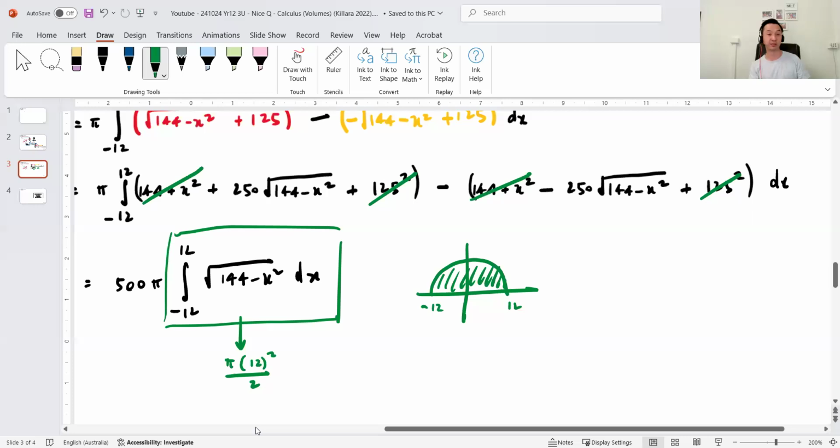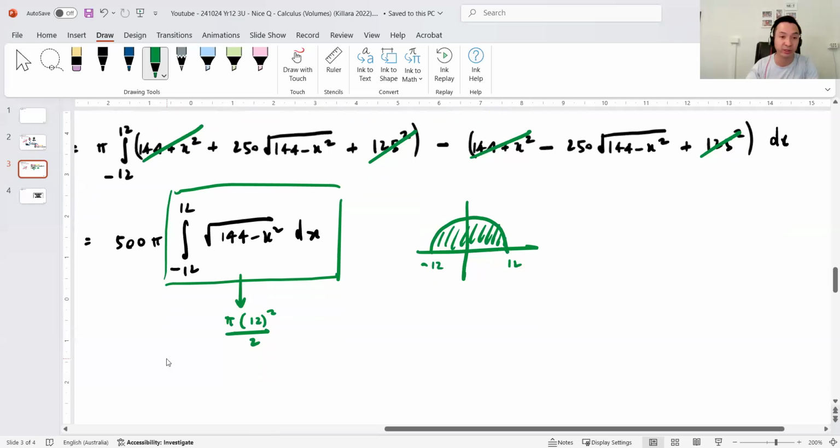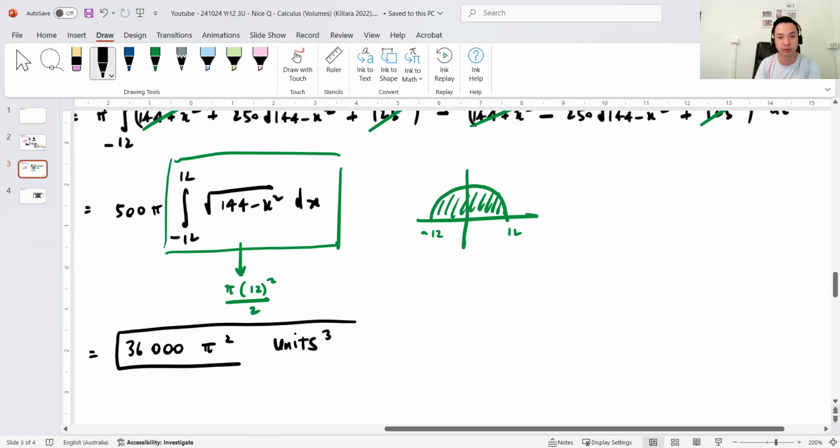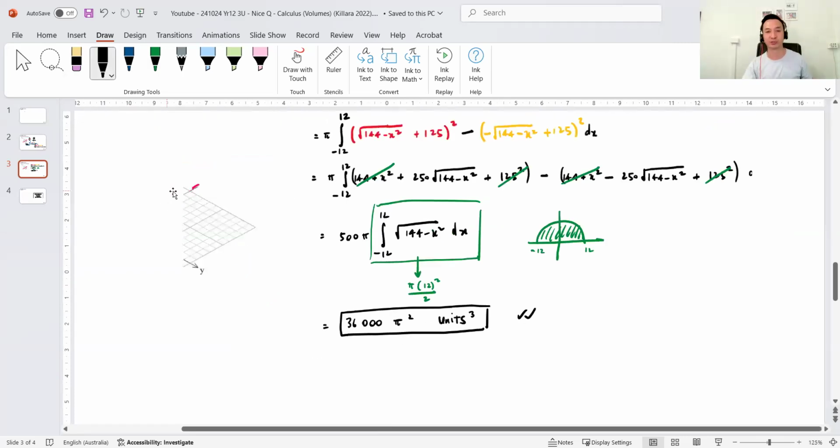It's as easy as that. Yeah, pi r squared divided by 2, which we know to be what? So if you do 500 times that, expand it all out, you should get 36000 pi squared units cubed. That's the answer. Guys, what an amazing question, right?